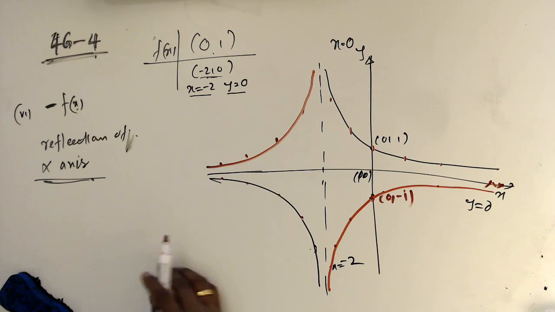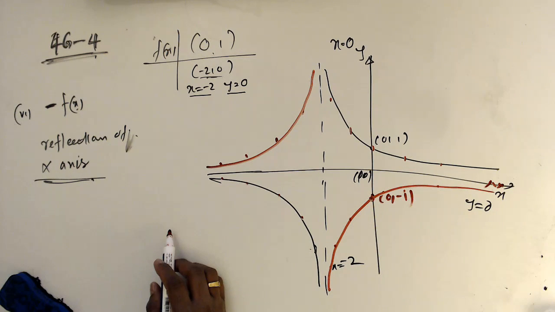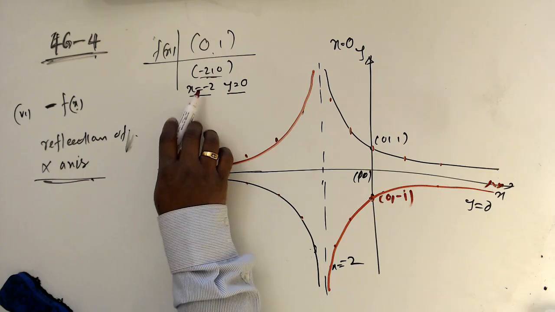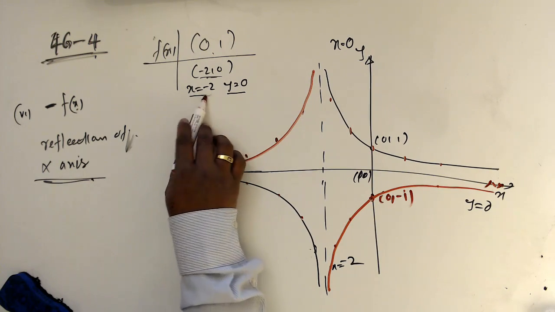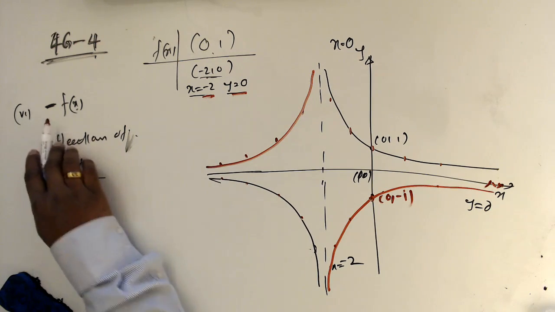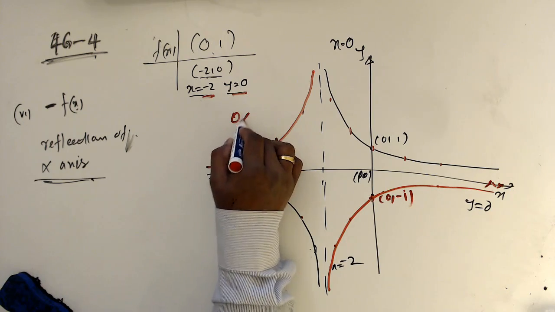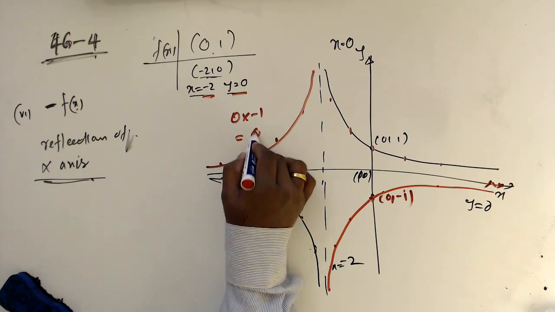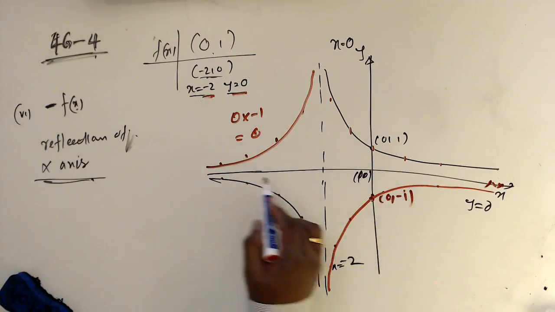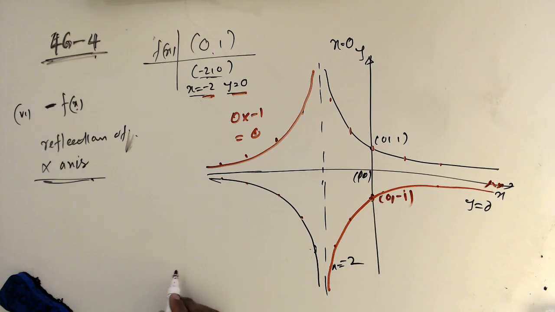And the asymptotes are going to be the same, because minus 2 and 0 are the asymptotes. We know that it will not affect x values, only y values. Then 0 multiplied by minus 1 is 0. It means the horizontal asymptote is going to be the same.